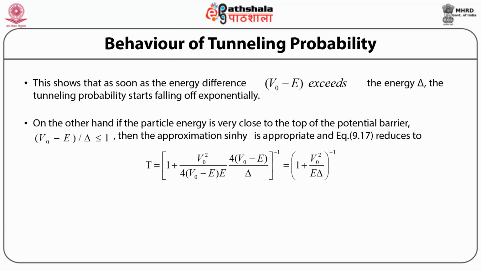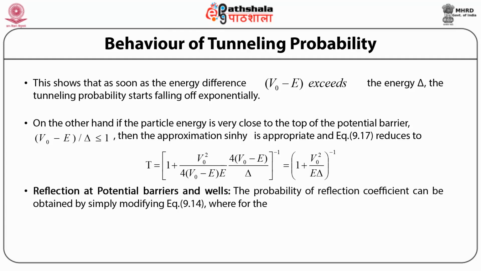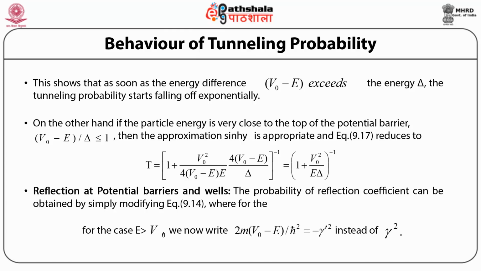We next discuss the reflection at potential barriers and wells. The reflection coefficient can be obtained by simply modifying equation 14, where for the case E greater than V naught, we now write 2m into (V naught minus E) divided by h cut square is equal to minus gamma prime square instead of gamma square.